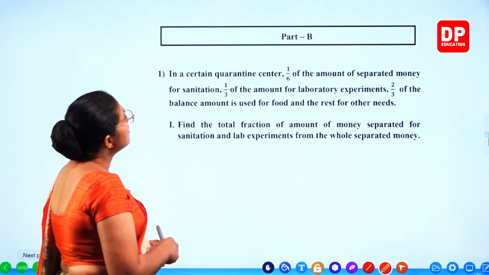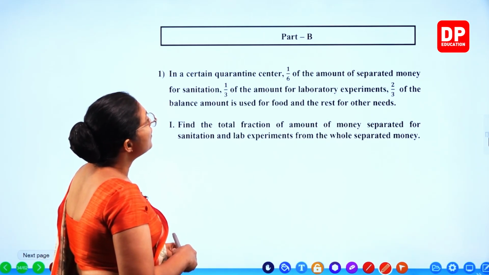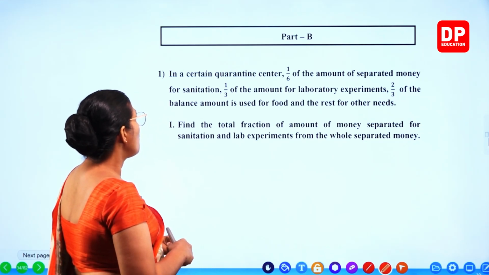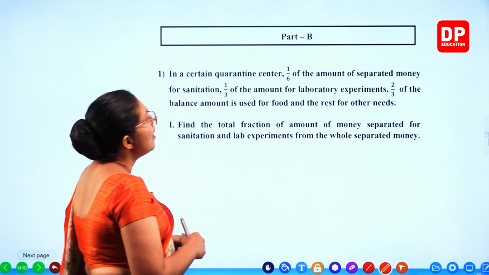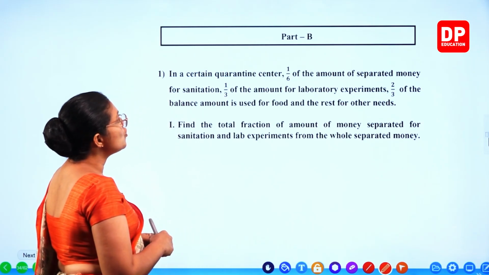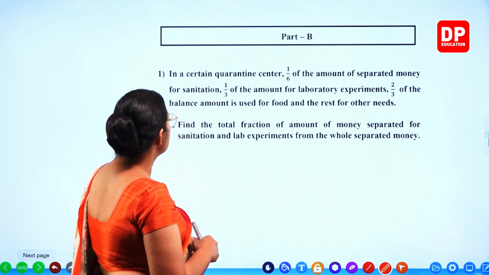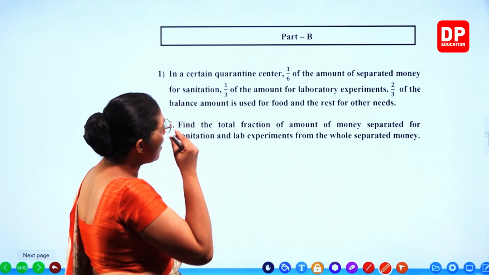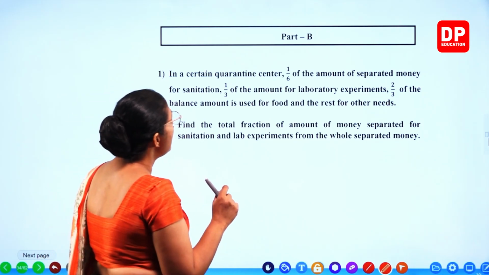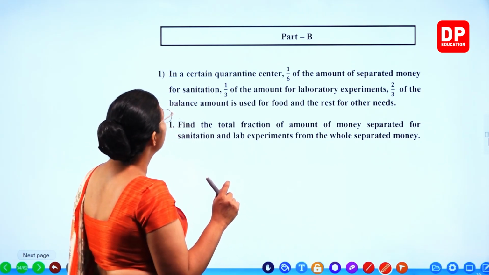In a certain quarantine center, 1/6 of the amount of separated money is for sanitation, 1/3 of the amount for laboratory experiments, and 2/3 of the balance amount is used for food and the rest for other needs. Find the total fraction of the amount of money separated for sanitation and lab experiments from the whole separated money.